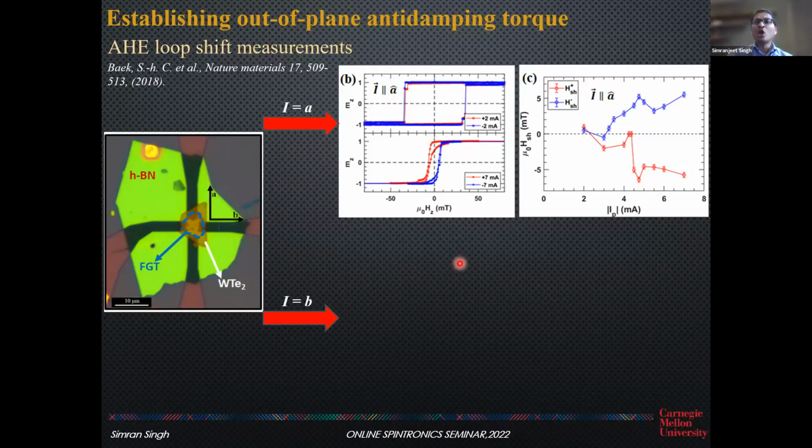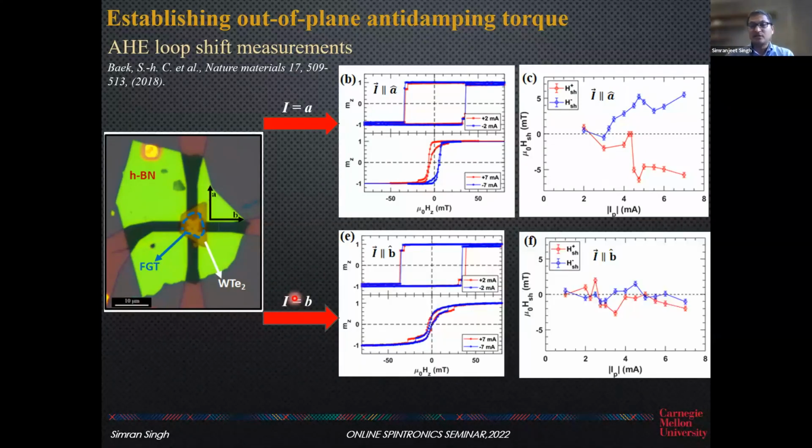On the other hand, we expect that when we apply current along the b axis, because in these devices we have this cross junction, we can either apply current along the a axis and measure the Hall response along b, or apply current along b and measure the response along a. When we apply charge current along the b axis, not surprisingly, at lower charge current the loops overlap, and at even higher charge current they just shrink, but they don't move left or right.